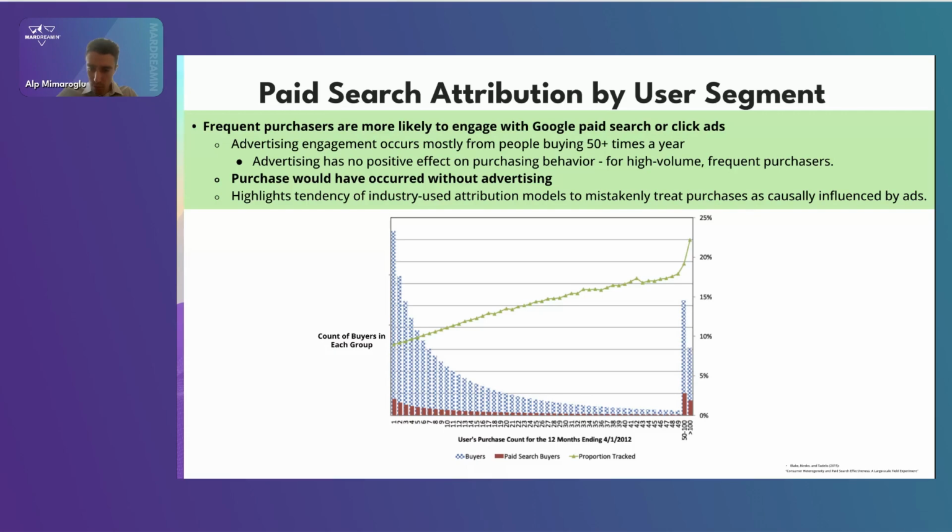So people purchasing over 50 times a year on eBay or 100 times, if I'm purchasing over 100 times on eBay in the last 12 months, I will engage with paid advertising roughly 22, 23% of the time. If it's 50 to 100, 20% of the time. So a lot of these ad clicks are already coming from people that were already going to buy. They were going to purchase without advertising, without that touch point.